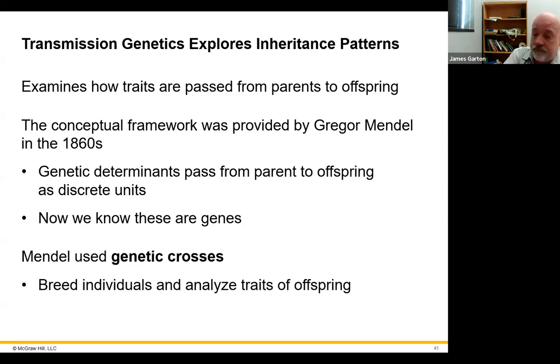Gregor Mendel didn't use the term gene. He used the term inheritance factor. Nowadays, we say these things are genes. And Mendel used specific genetic crosses to analyze inheritance patterns. He would select the parents, make the offspring, and see what the offspring looked like.